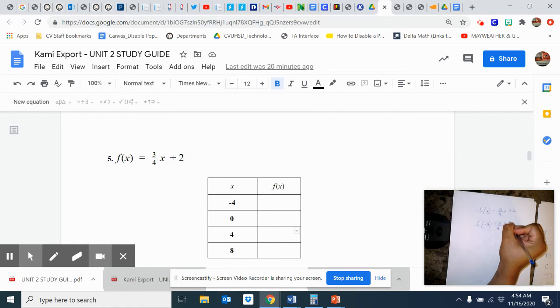Look how I'm plugging x in here and doing my arithmetic. If you never knew how to do this, you multiply across. 3 times -4 is -12. 4 times 1 is 4. Plus 2. This is going to take a little bit more paper. -3 when I divide those.